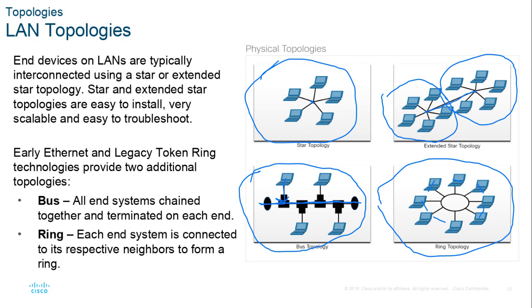So, as he points out, it's fairly easy to install and easy to troubleshoot for us technicians and engineers who have to get these things up and running, keep them running, and fix them. And very scalable. If I want to add another floor of a building, I just add another wiring closet and spoke out and add that. So when we added the new air conditioning building on the other side of campus, we just extended the wire over to that campus and plugged all those devices in.